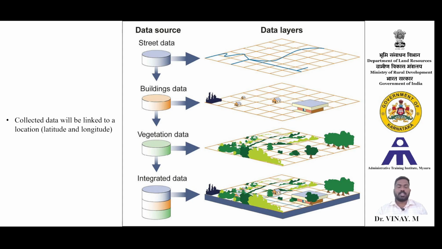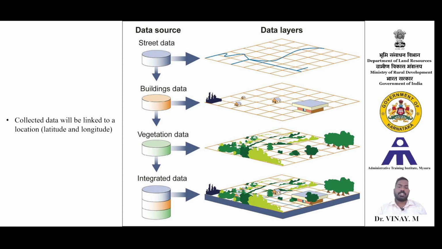So in this phase the data is linked to the location, which we also call GI tagging or geo tagging. The data will be geo tagged. Let's say a particular species of tree: the tree's latitude and longitude is spatial data, that is, relating to space, and for the particular tree we have a mathematical location in terms of x and y.